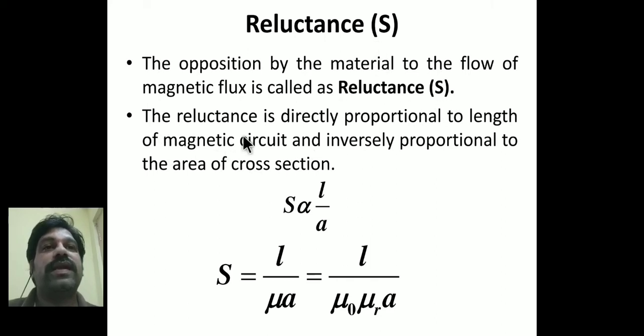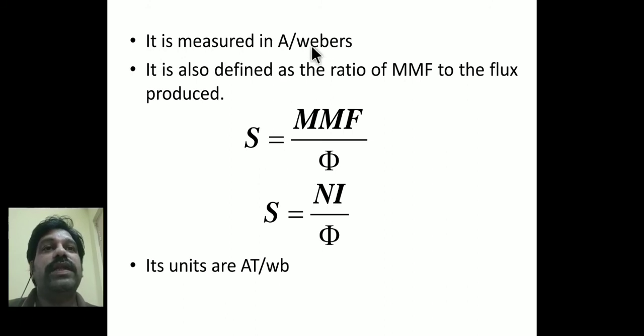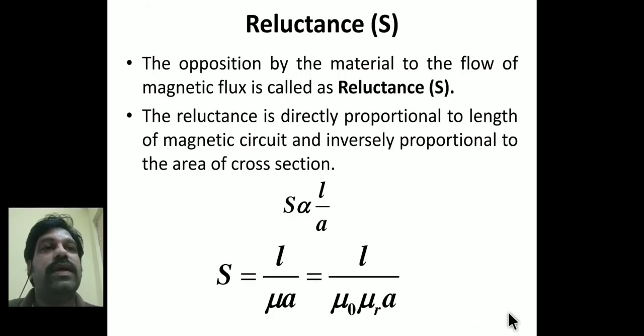Therefore, the reluctance is directly proportional to the length of the magnetic circuit and inversely proportional to the area of cross section. So S is proportional to L by A. If you remove the proportionality constant by mu, S is equal to L by mu A, where mu is nothing but mu naught into mu r, defined earlier. It is measured in units of ampere turns per Weber.